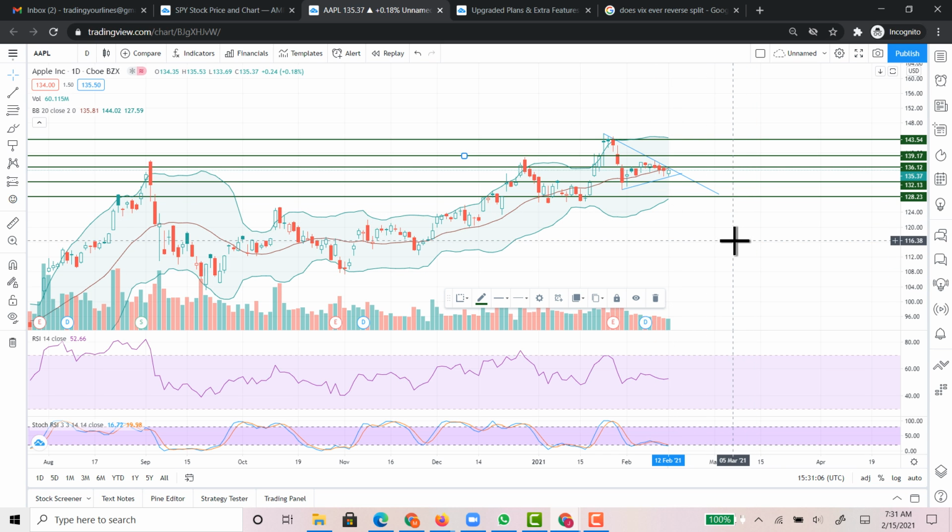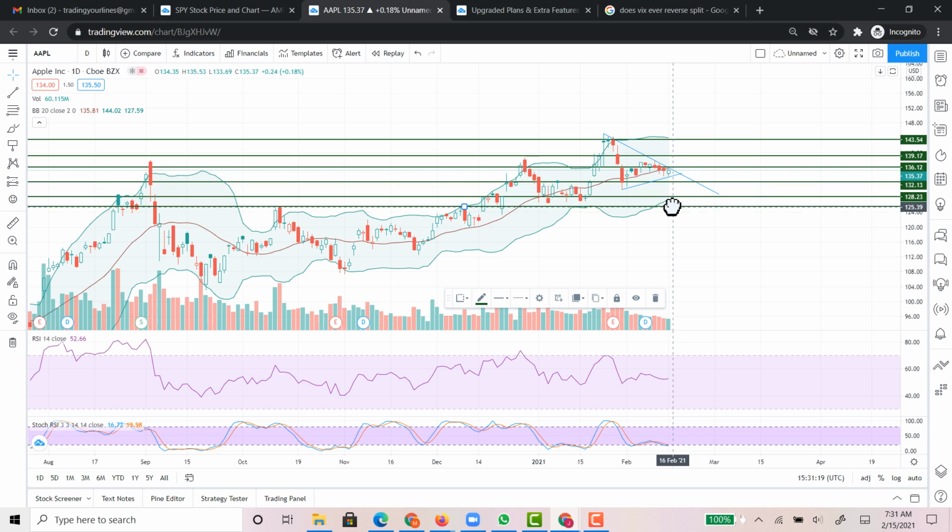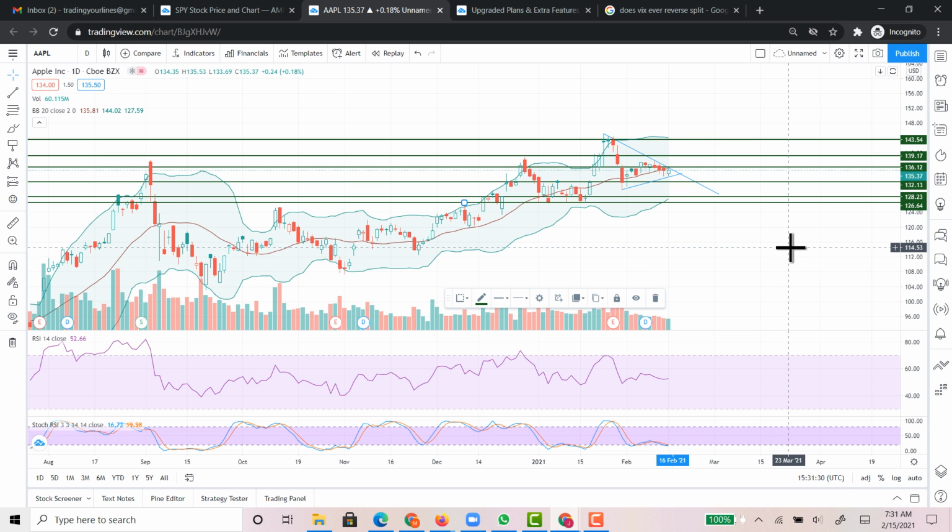Break this down, we are going down to below 132 to 128. That will be our first support area. If you are going even further down, 126 will be a very nice support, and that's where you can start going long. Also, let's assume the Bollinger Band gets flattened out here at the bottom, it will be a good opportunity to go long.